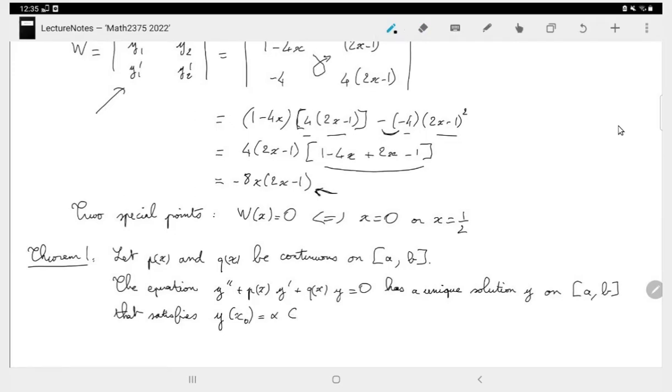I'm also going to have y prime of x0 equals beta, which is real, and I want my initial condition, of course, to be within the same interval that I'm working on.